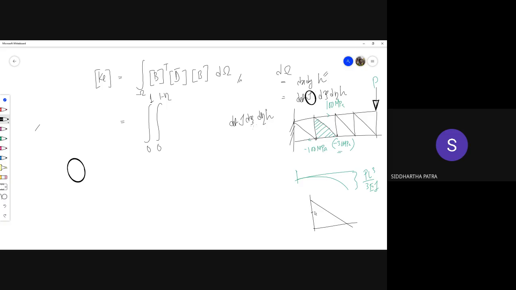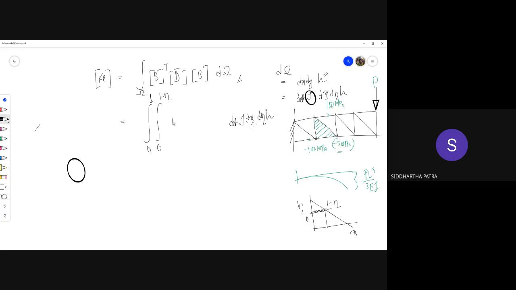For any given value of eta, if I am integrating over this strip, the xi can only change between 0 to 1 minus eta within this strip.